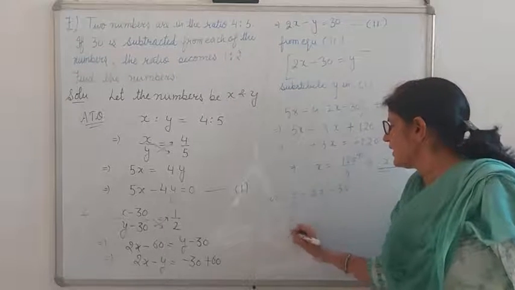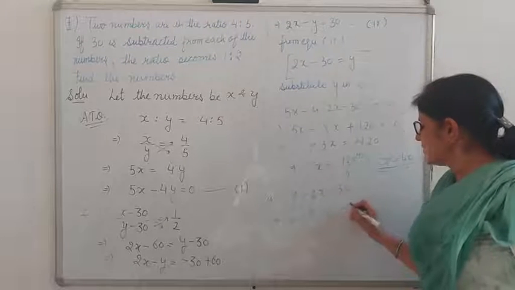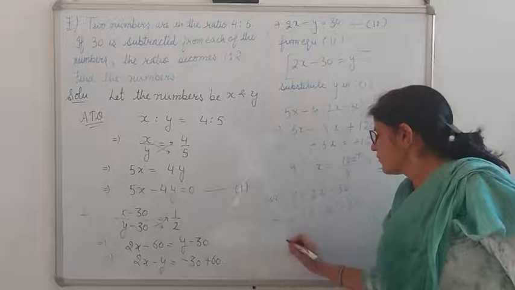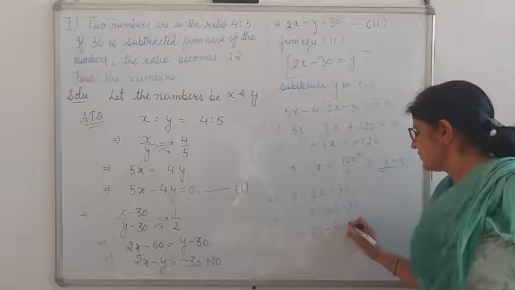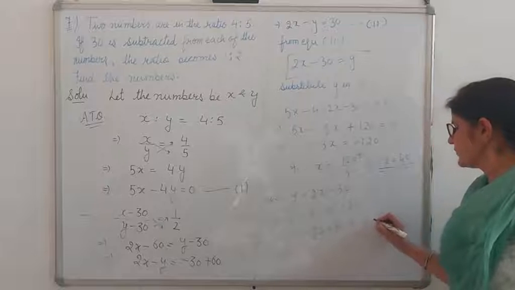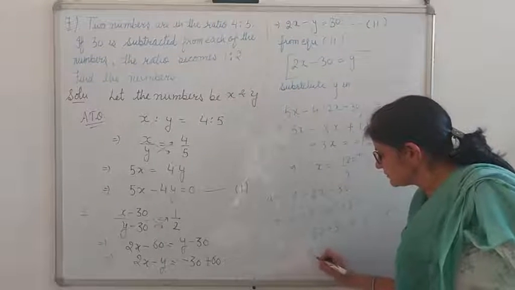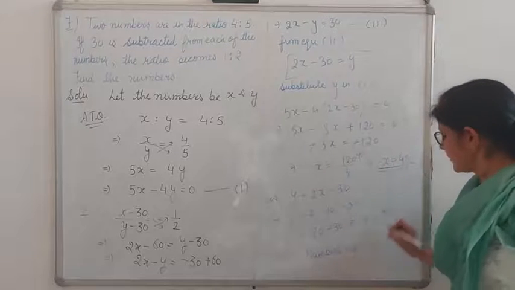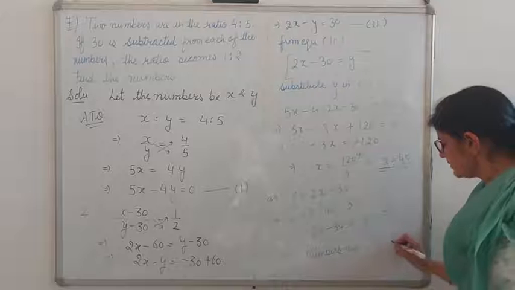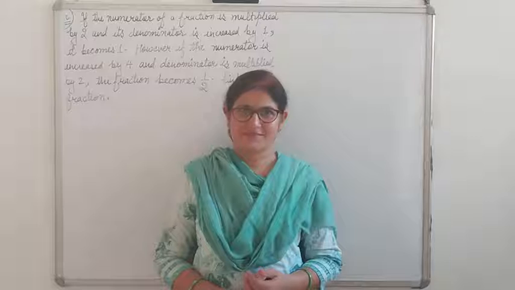So y is 2 into 40 minus 30. Y is 80 minus 30 and y is 50. Therefore, the numbers are 40 and 50. And this is the solution.